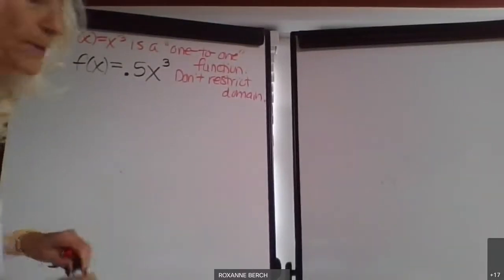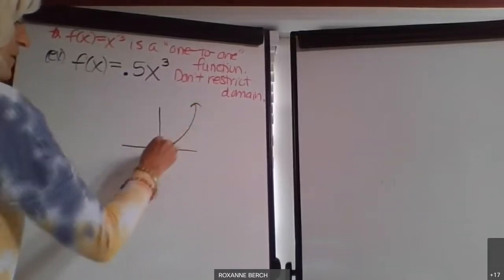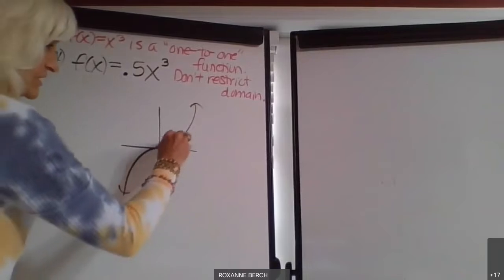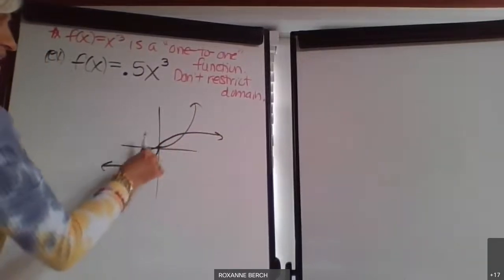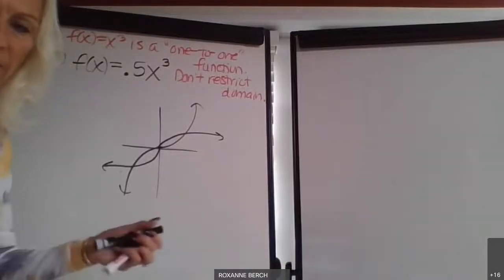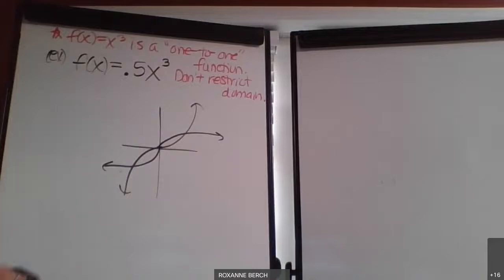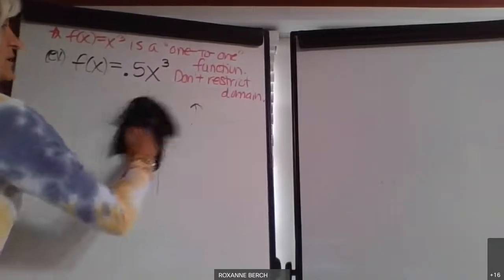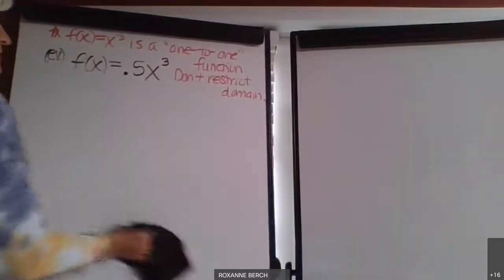Watch, don't write this down, just look up here. The cubic looks like this, right? It's a snake that goes up on the right and down on the left. Well, the inverse goes right and left, and notice that it passes the vertical line test. So the inverse doesn't need to be restricted, because when you take the inverse, it is a function. So that's why it's called one-to-one. We don't have to restrict the domain.